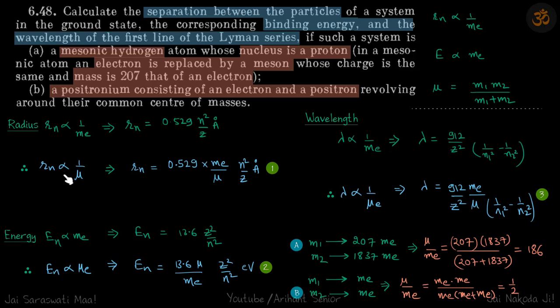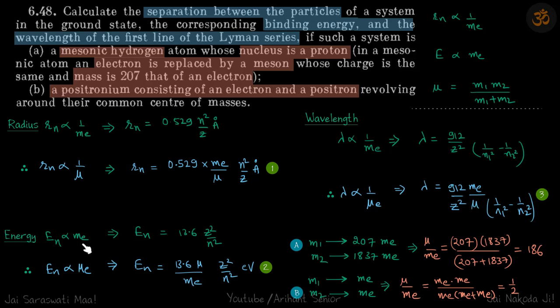In our new case, Rn is proportional to 1 by reduced mass. We also derived for the original equation that Rn is equal to 0.529 n square by Z. So if you divide these two, you will get the modified Rn as 0.529 Me by mu, n square by Z angstrom.